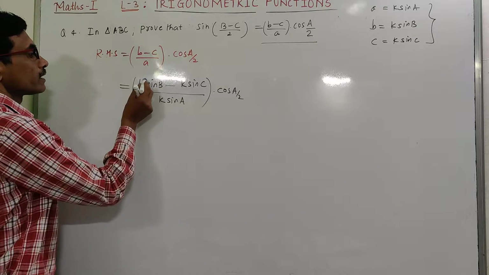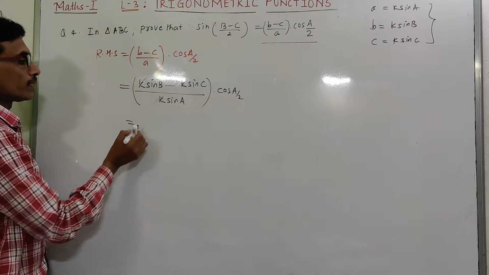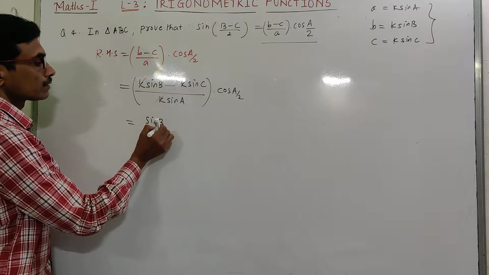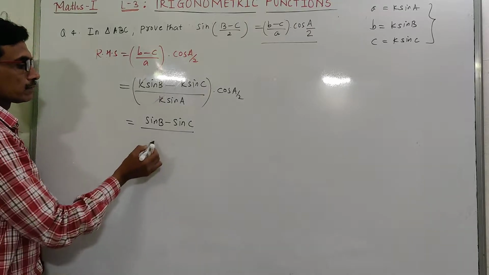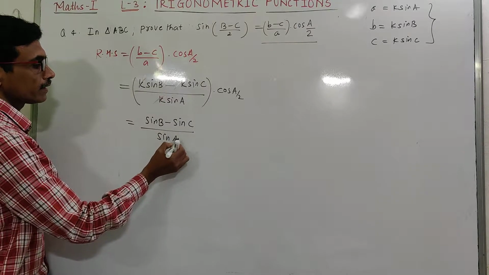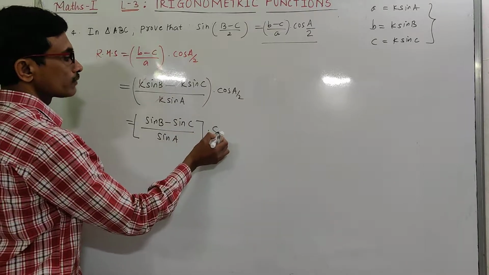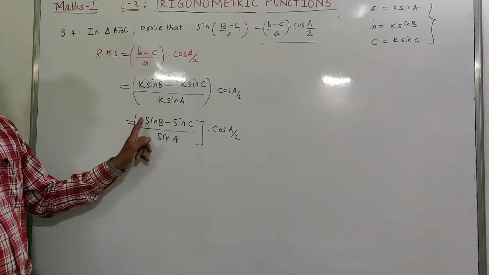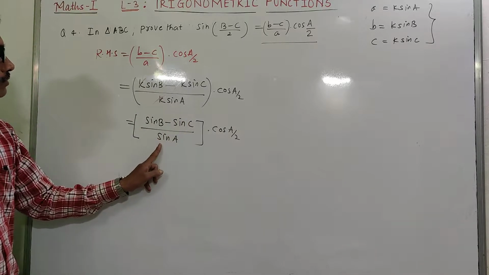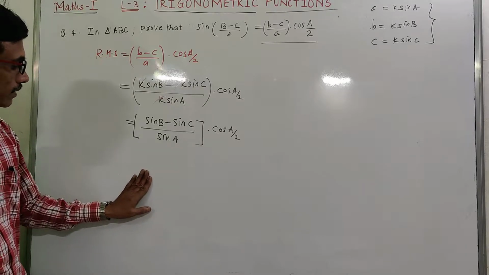This K is getting cancelled, and see, the numerator is sine B minus sine C upon sine A into cos of A by 2. We use the sine C minus sine D formula, and sine theta is equal to 2 sine theta by 2 into cos theta by 2.